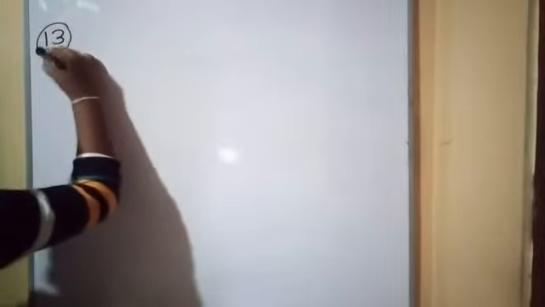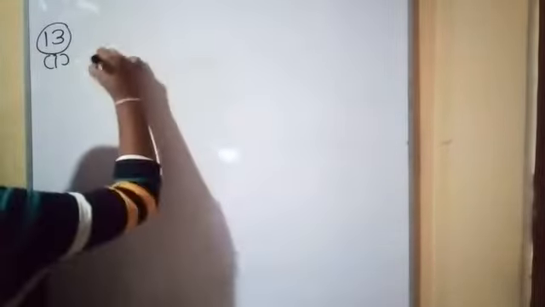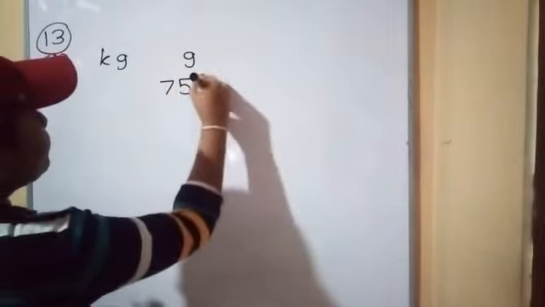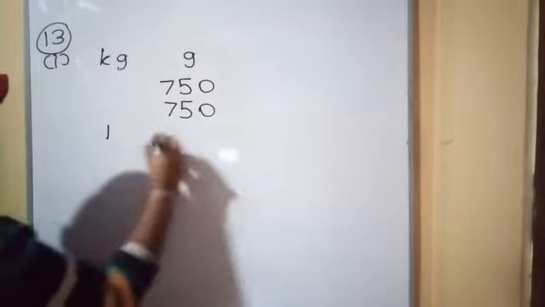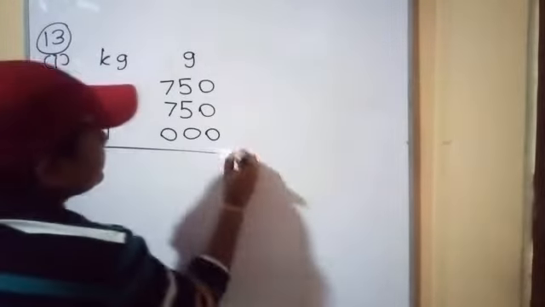What does it ask? Express the total mass of the items other than the water in kilograms and grams. That means add all in kilograms and grams. Sugar 750, margarine 750, flour 1 kilogram.